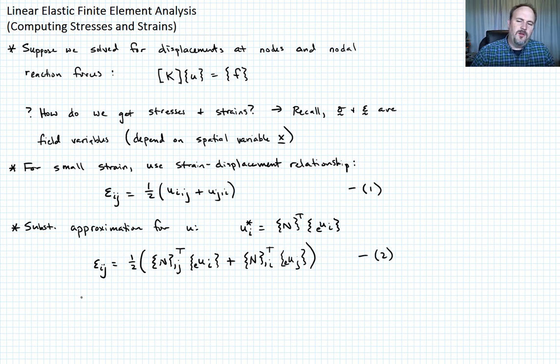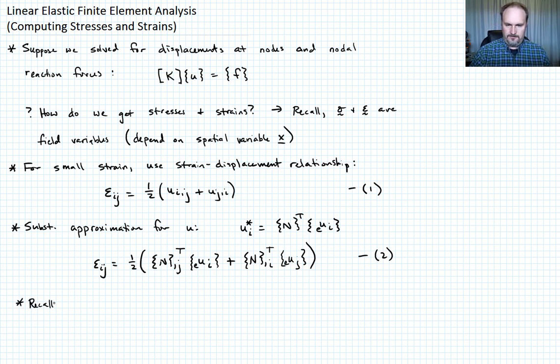So what do you instantly notice? These derivatives, just like they were when they were inside the integrand, are with respect to x1, x2, x3, not with respect to xi, eta, and zeta. And the interpolation functions N are functions of xi, eta, and zeta. So let me write that down.